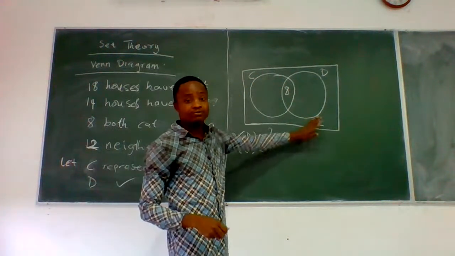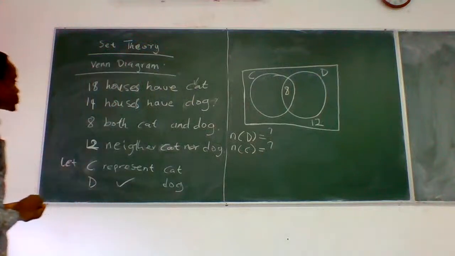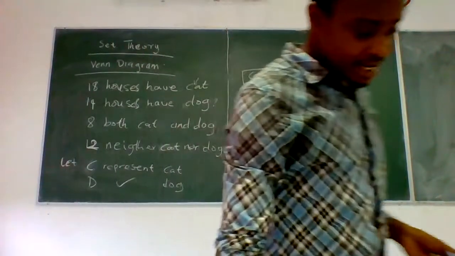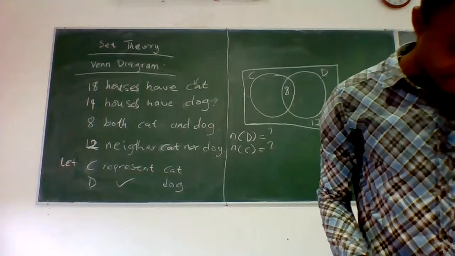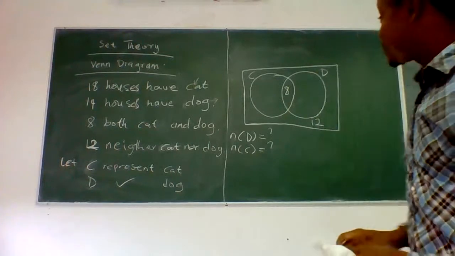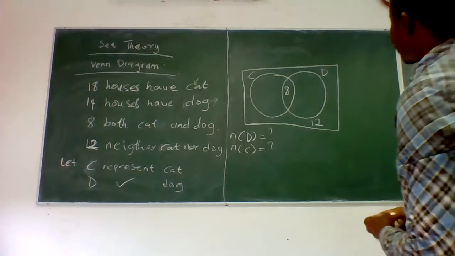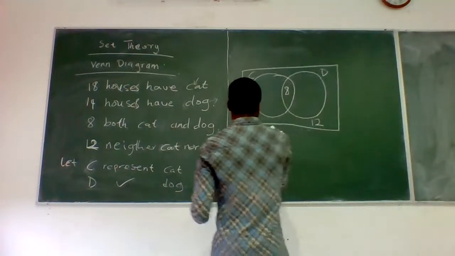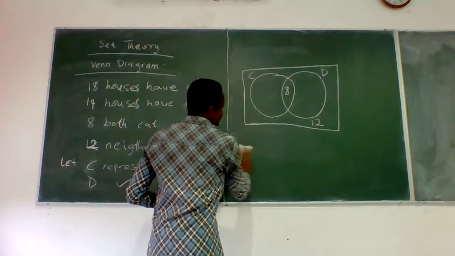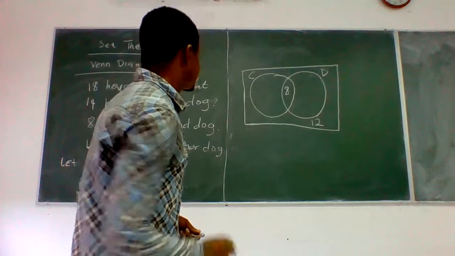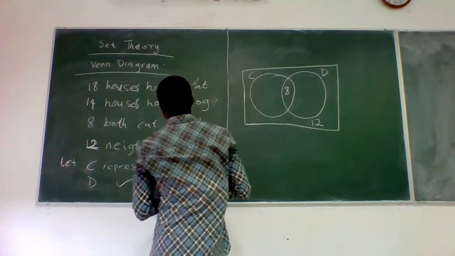Okay, so now, what would be the questions? What possible questions can emerge from this? Now we want to find the total number of pets. So here we have cats.